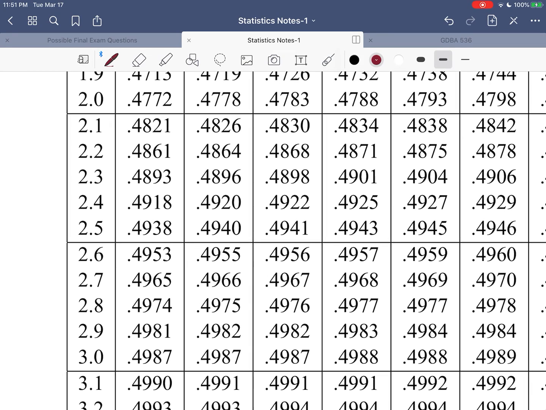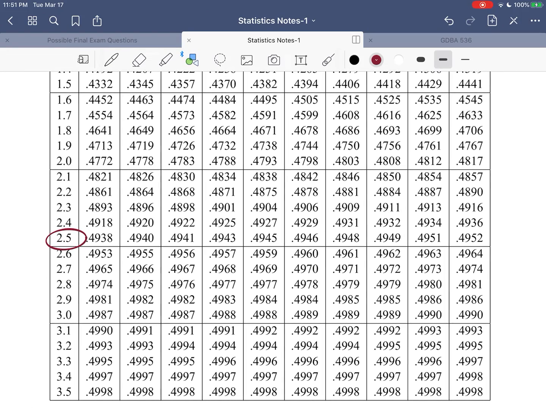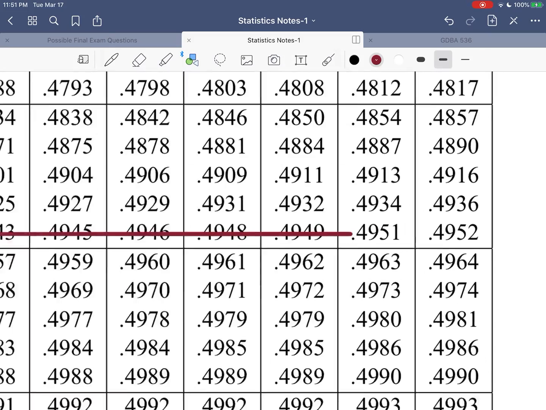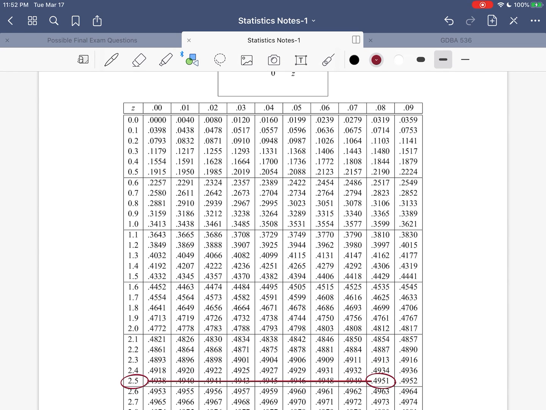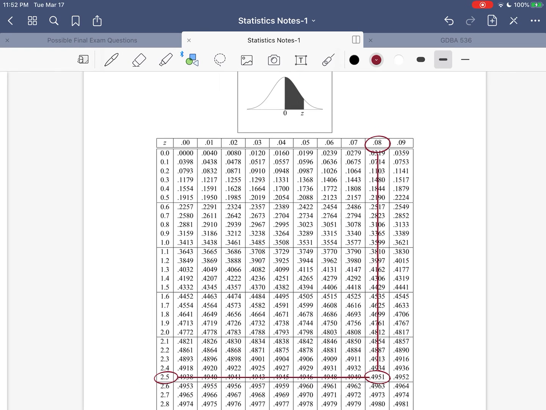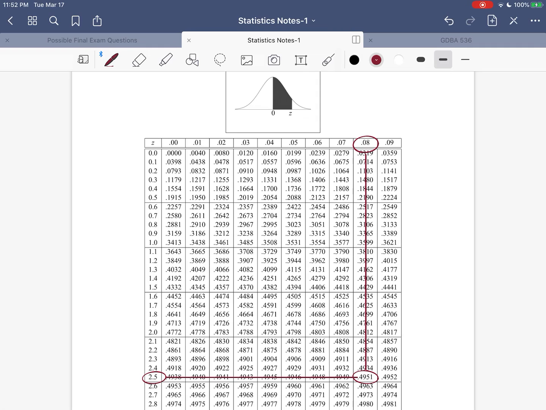So I'm looking for 2.58. So this is 2.5. I go all the way to this column right here. I can't see the heading, but I know that the last column is 9, so the one before that has to be 8. And so it's telling me that the area between 0 and 2.58 is essentially 49.51%.